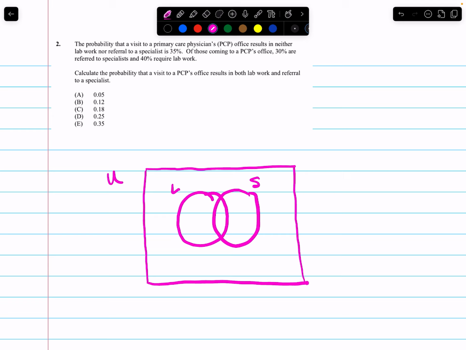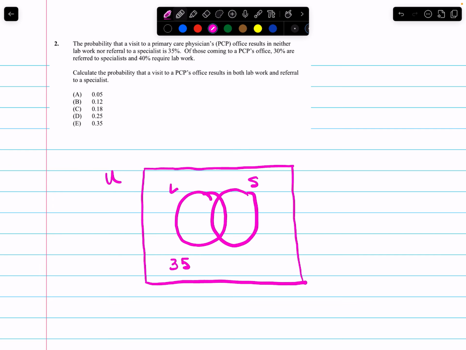And so in fact, it says those that come to the office who get neither lab work nor a referral to a specialist is 35%. So that's the stuff that's out here, which means the union of these two sets right here is going to be 65.